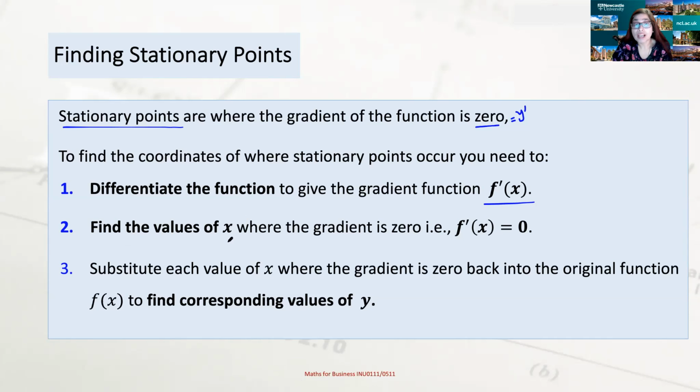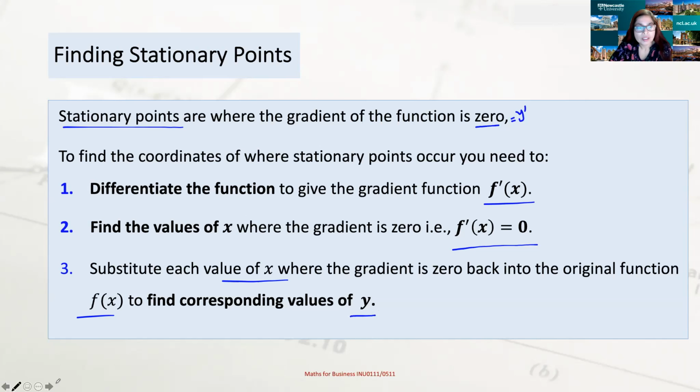Then find the values of x where the gradient of the function is 0. Then substitute each value of x back into the original function, that is f of x, and find the corresponding value of y.